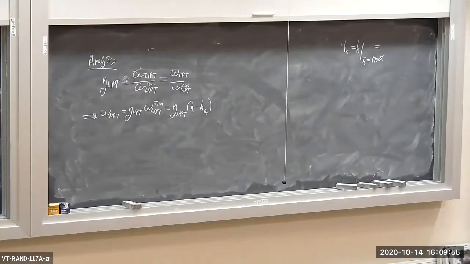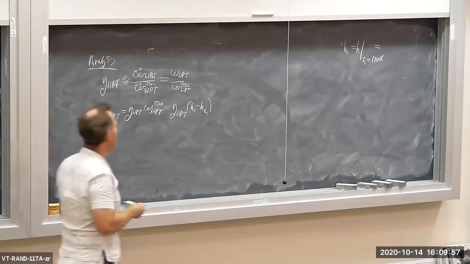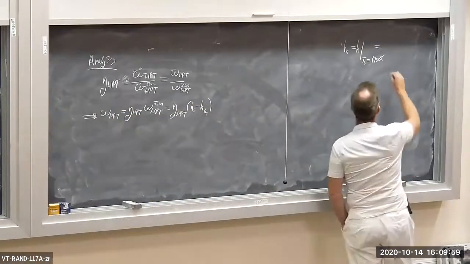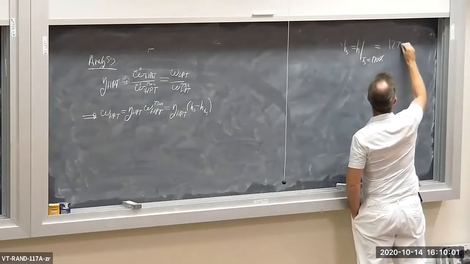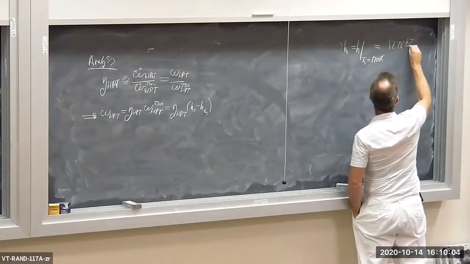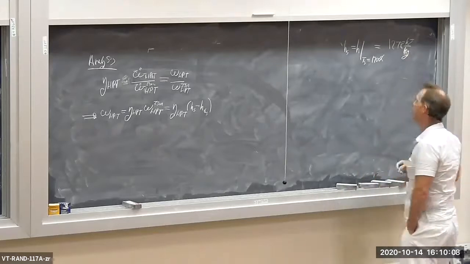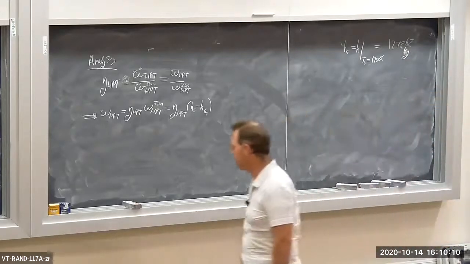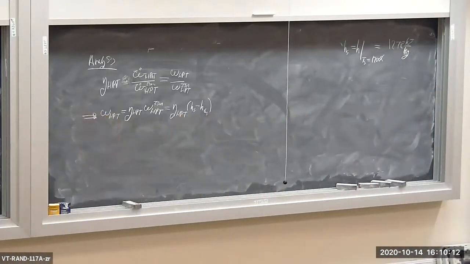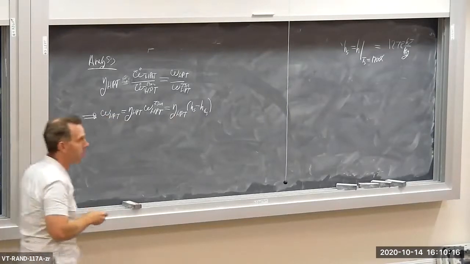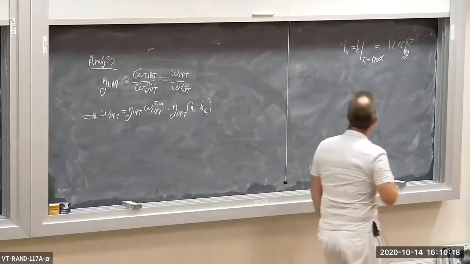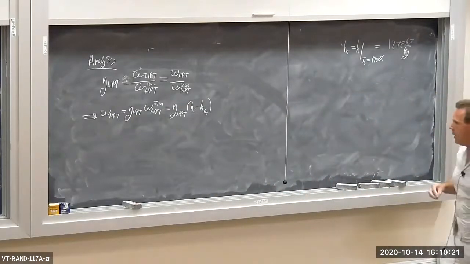I get 1278 kilojoules per kilogram. Okay, so I got H5.